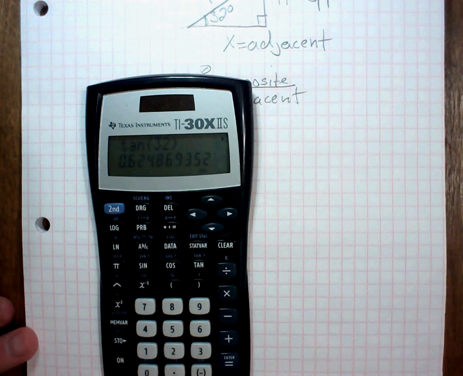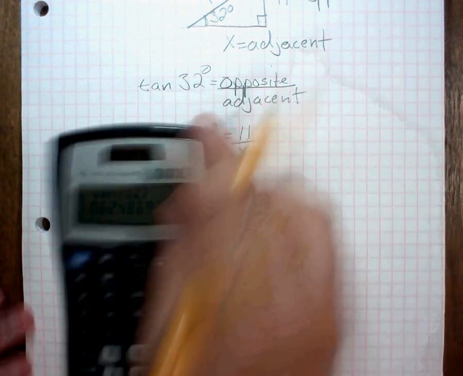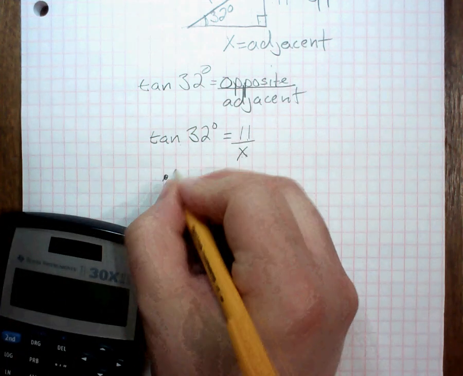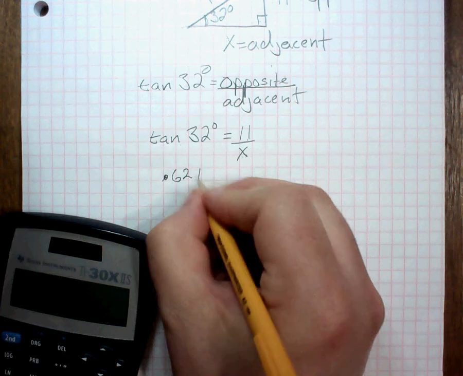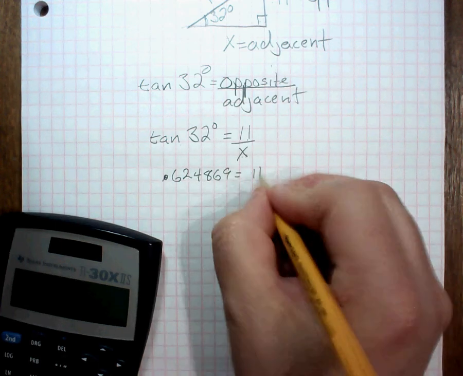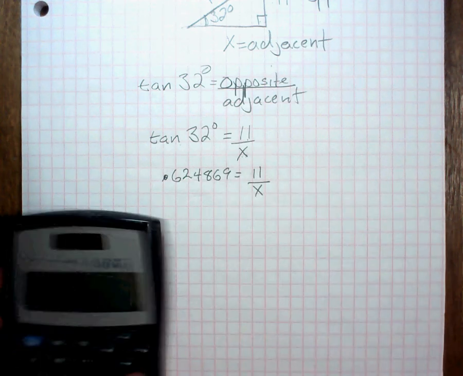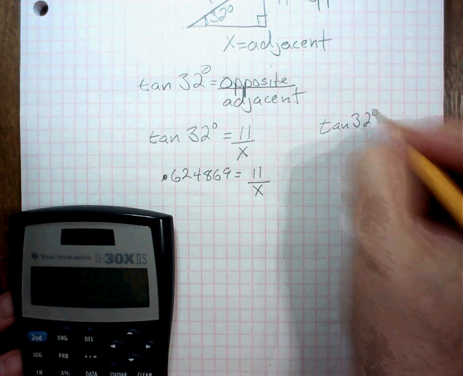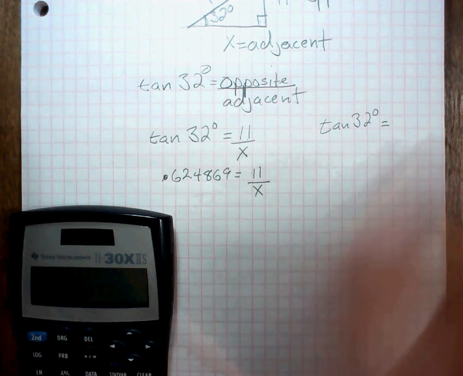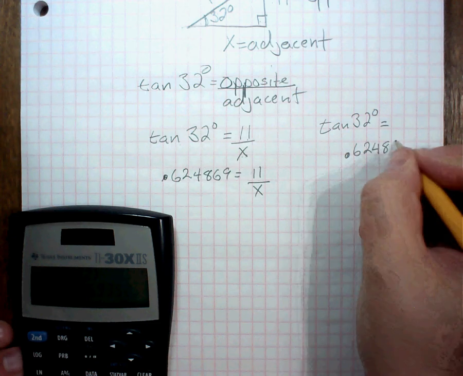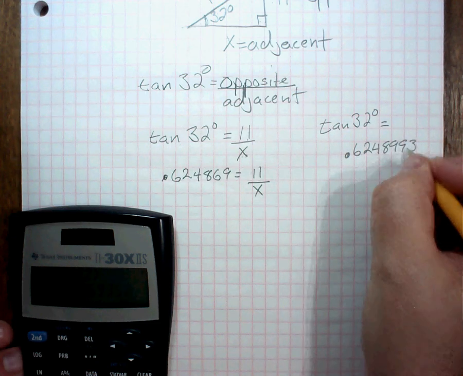Now I'm going to write that out pretty far. So tangent of 32 is actually 0.624869, and that's equal to 11 over X. In other words, tangent of 32 degrees, if I plug that in the calculator, should equal 0.624869, and so on.